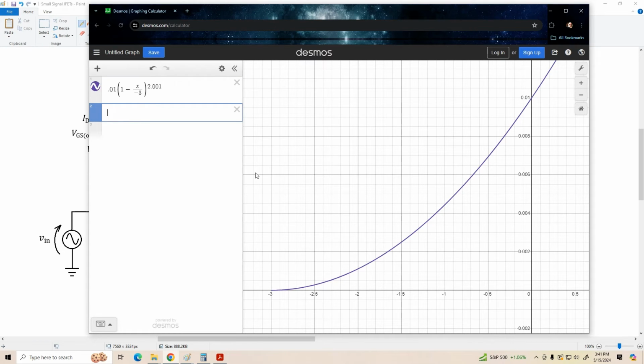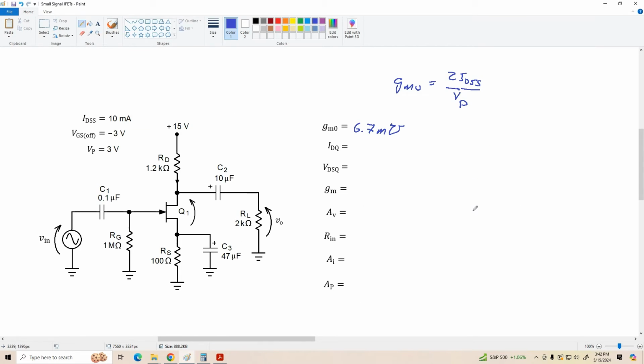Our ID times RS biasing line is again going to be negative X divided by RS, which is 100 ohms again. So there are our curves, or our graphs of our equations, and our solution gives us an IDQ of about 6.3 milliamps. Okay, so IDQ is 6.3 milliamps.